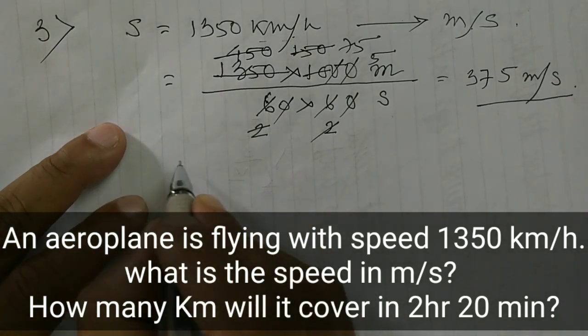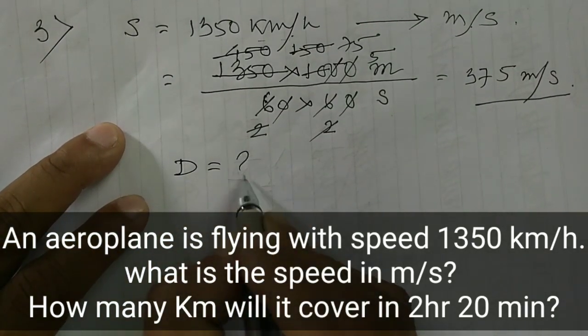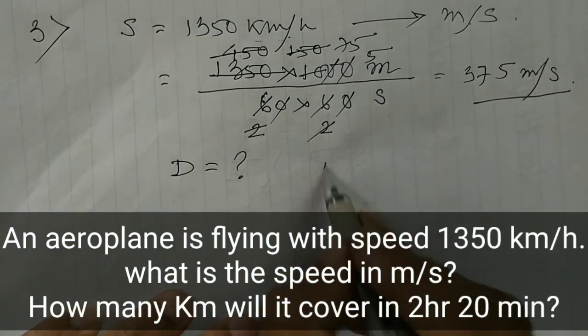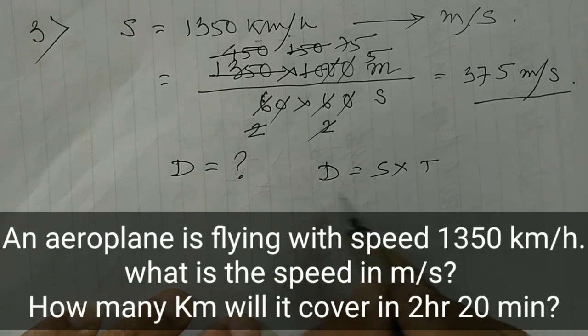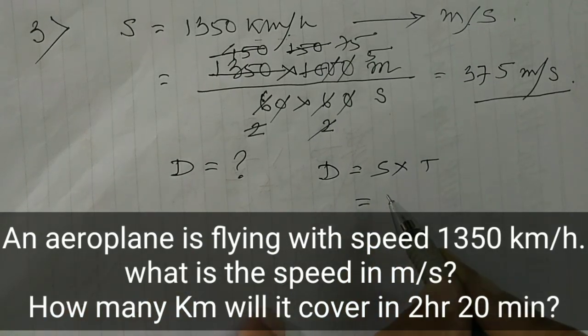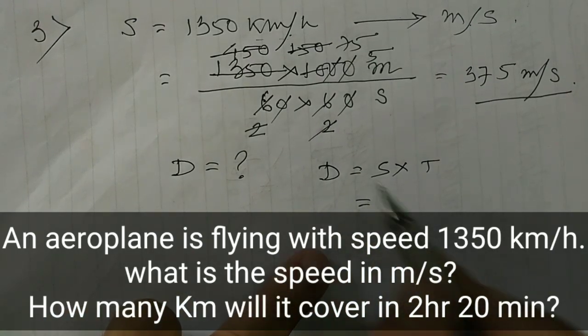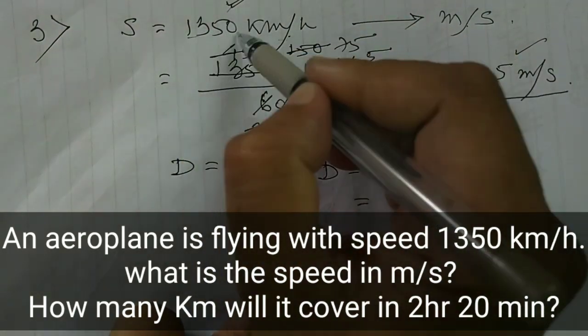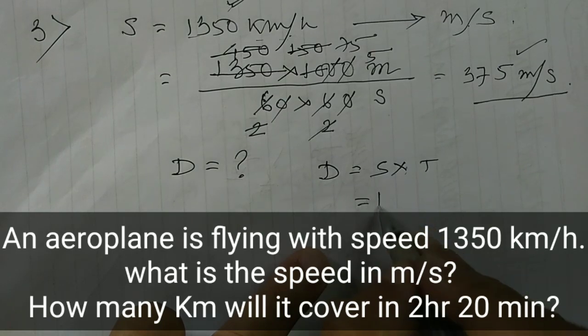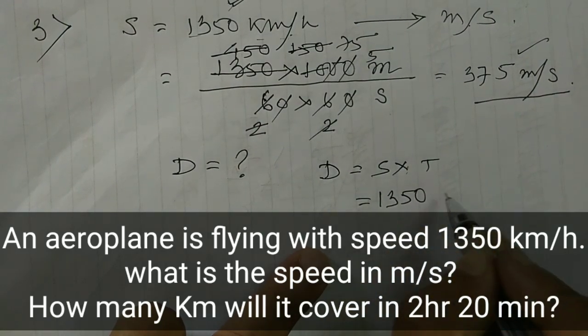So we have to find distance. We know that distance equals speed into time. What is the distance? We have to find that. What is the speed? You can use this speed or you can use this speed. Let us use this speed, 1350 km per hour, into time.